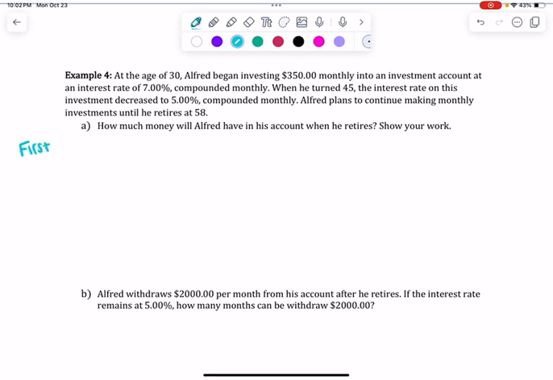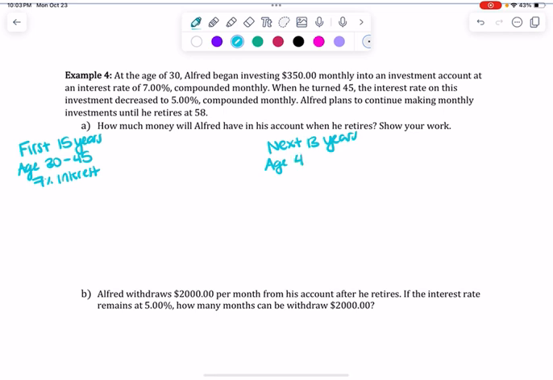So the first 15 years, that's from age 30 to 45, where he gets 7% interest. And then the next TVM that we're going to do is going to tackle the next 13 years, from when he is age 45 all the way to 58.